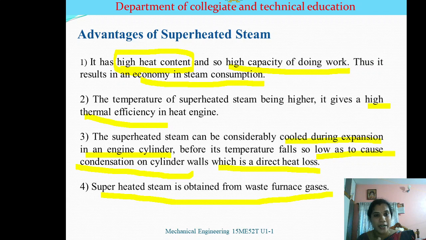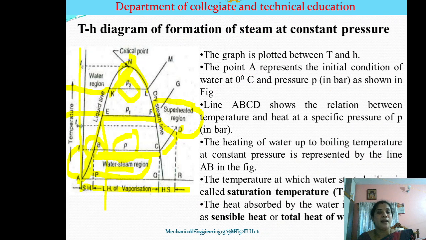Then we studied the advantages of superheated steam, the various advantages that we come across. And lastly we studied the TH diagram and the critical point, and what critical temperature and critical pressure are, and their values.